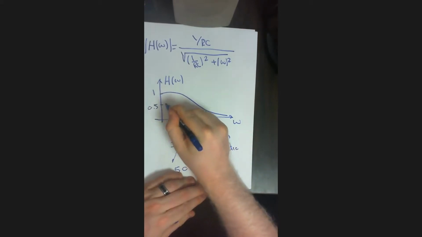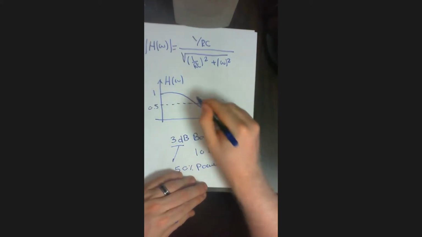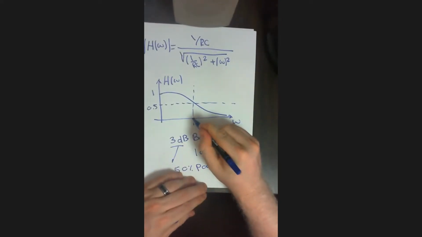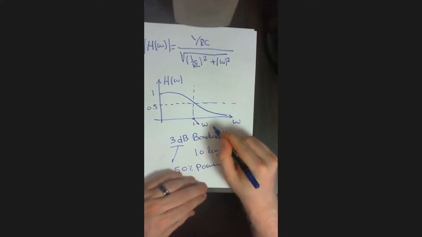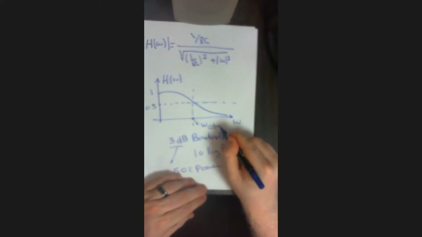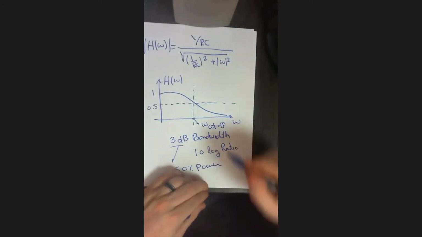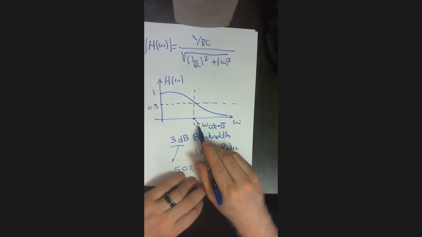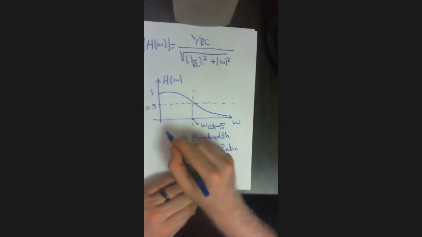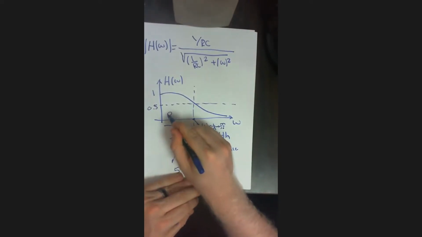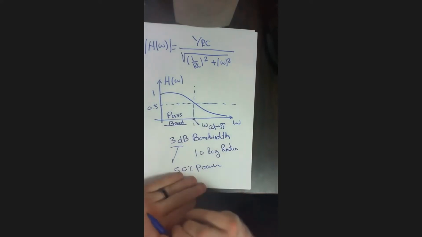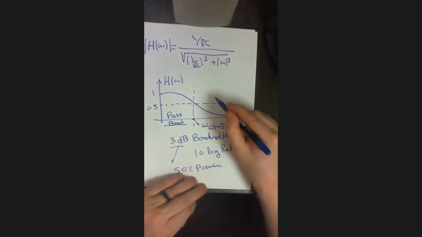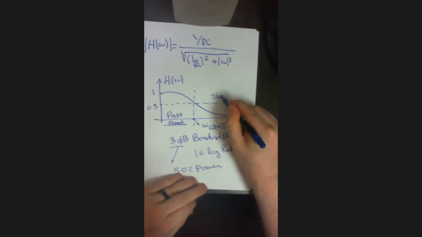So what you are going to do is make a clear cut at this 0.5, and this frequency, or this omega, we will call the cutoff omega. If omega is smaller than this omega, then this is the pass band. But if it's greater than this omega, then this is the stop band.